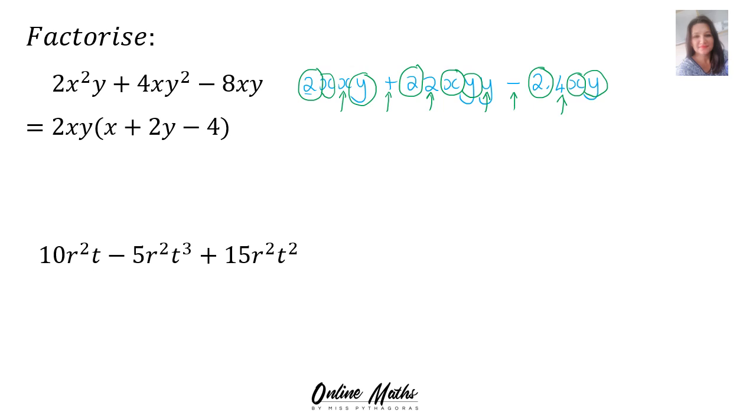There you find 10r squared t minus 5r squared t cubed plus 15r squared t squared. So do you agree?